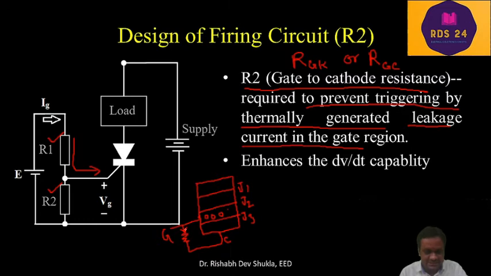And because of this resistance, our dV by dt triggering is also enhanced. So it is a kind of protection when thermally generated carriers are there in the junction, it will create a bypass for that kind of charges. It will also increase the dV by dt triggering capability.